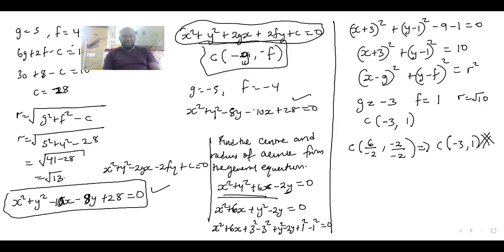Hashtag solution. Enjoying the number. Now, because there is no c, this student also knows that r is always got from the square root of g squared plus f squared minus c, which is going to be the square root of 9 plus 1 minus 0. This student will confidently get r as root of 10.